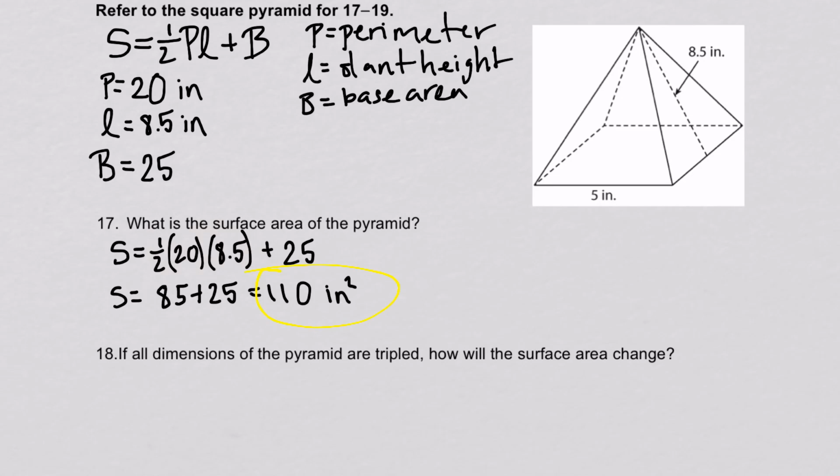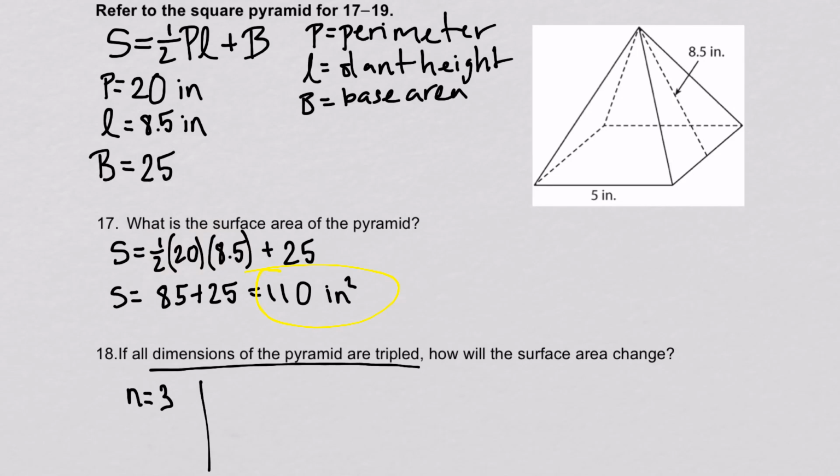Okay, question number 18. If all dimensions of the pyramid are tripled, how will the surface area change? Once again, we've done this before. All dimensions of the pyramid are tripled. That means n, which represents the dimension change, is 3.